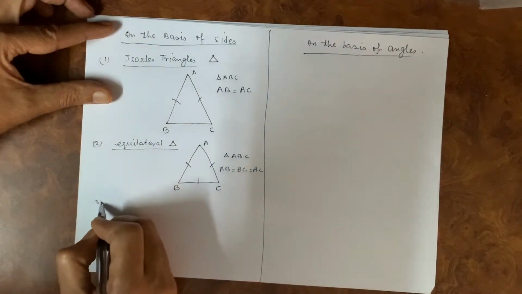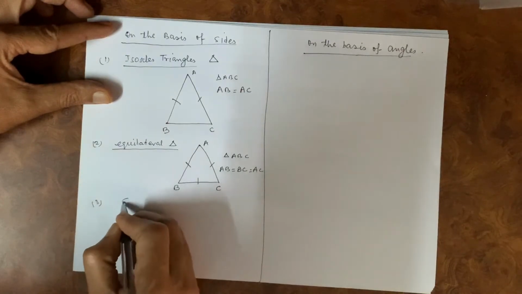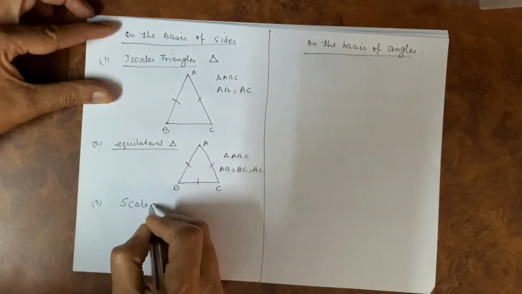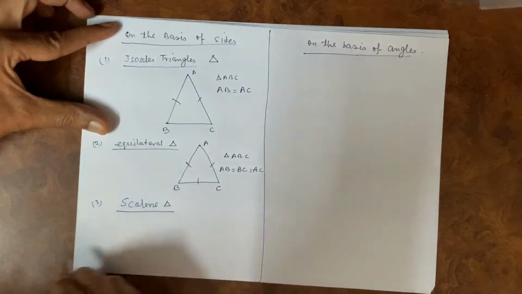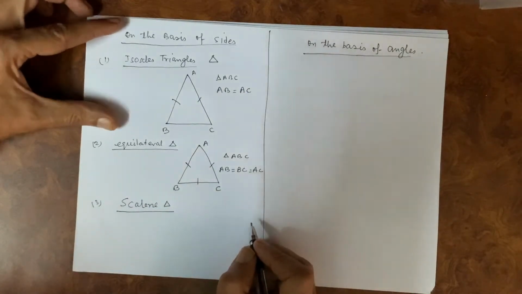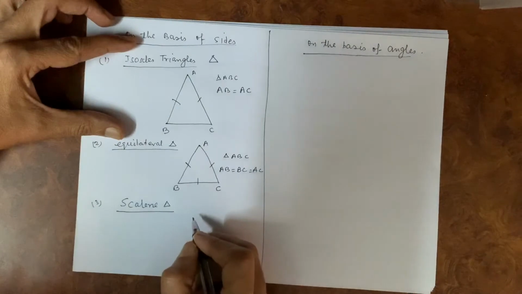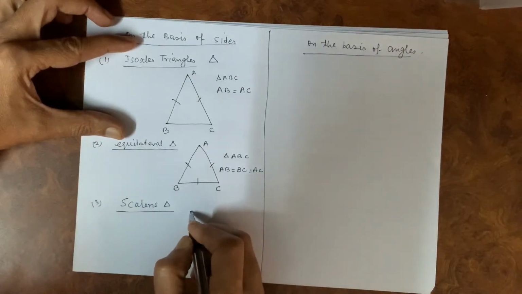And third type of triangle is scalene triangle. In this type of triangle, no two sides are equal. All the three sides are of different length.